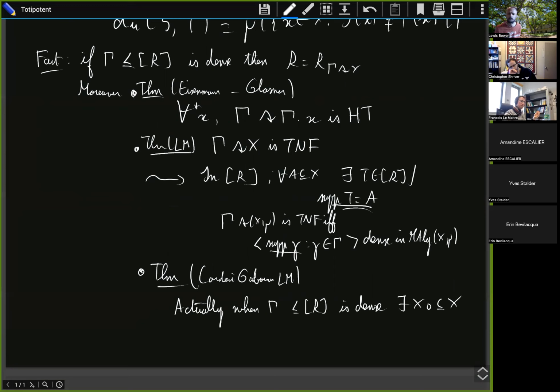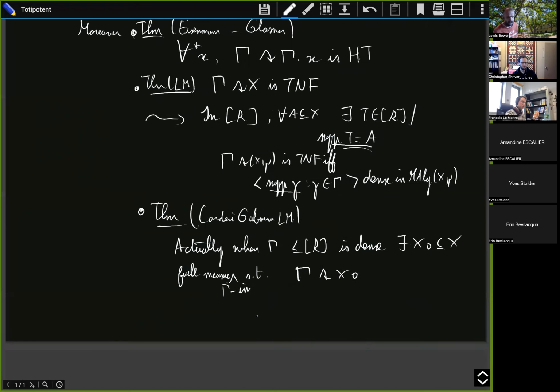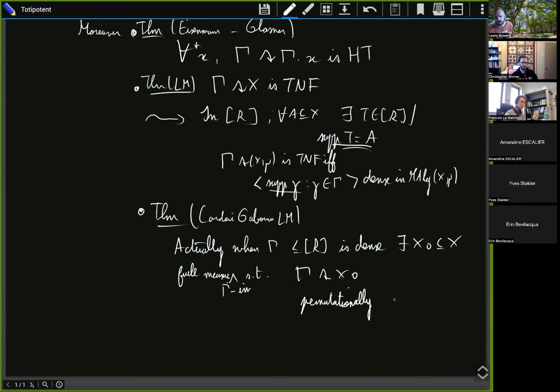But you have a full measure set X_0 such that X_0 is Gamma-invariant, and the action of Gamma on X_0 is what we call, for now, it may change, and if you have ideas of a better name, please tell us, because we are not very happy about this one, permutationally full.